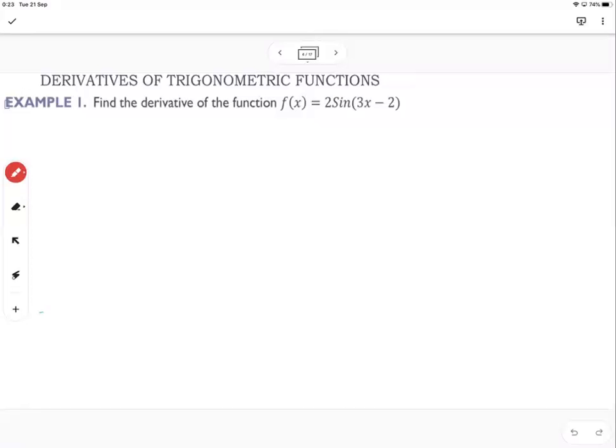As you can see here, we have a sine function. So we have to use the rule of the sine function, okay? I'm going to write it here.